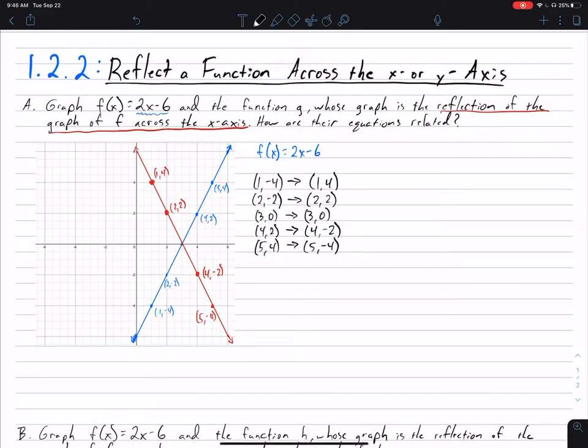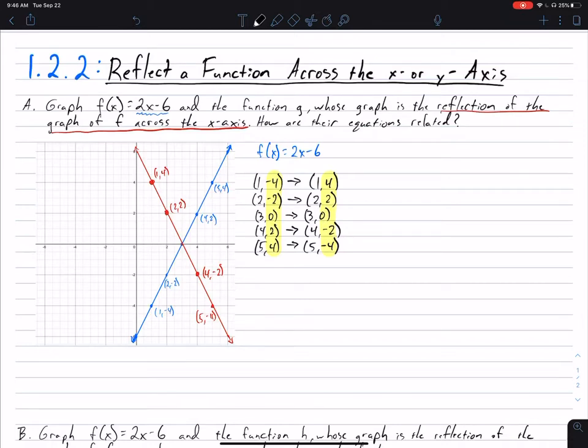All right, now we're trying to figure out what's going on here. What I notice is that all of my y values, with the exception of the 3, 0, because that's right on the x-axis, are changing. They're the opposite sign of what they were. So negative 4 became positive 4, negative 2 became 2, 0 again stayed as 0, 2 became negative 2, and 4 became negative 4.